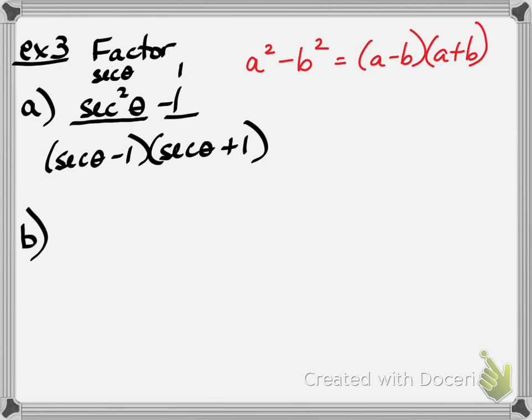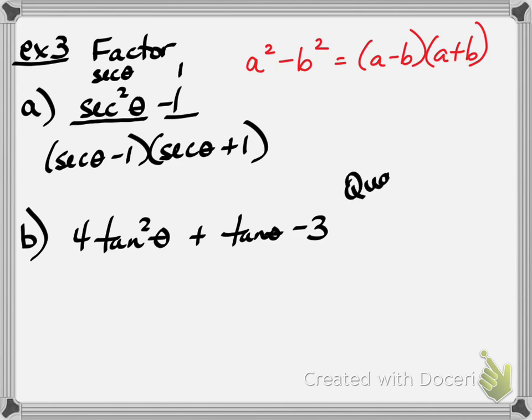B part, what if you have 4 tangent squared theta plus a tangent theta minus 3? Well, you might think that's quadratic like. Well, it is quadratic actually. It's just our variable term is tangent theta, not just theta, or not just x squared.